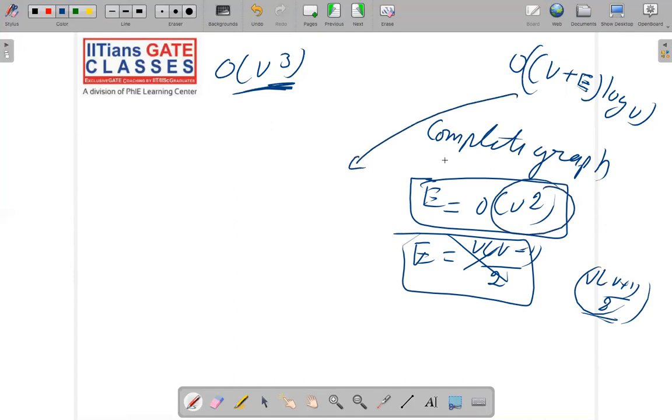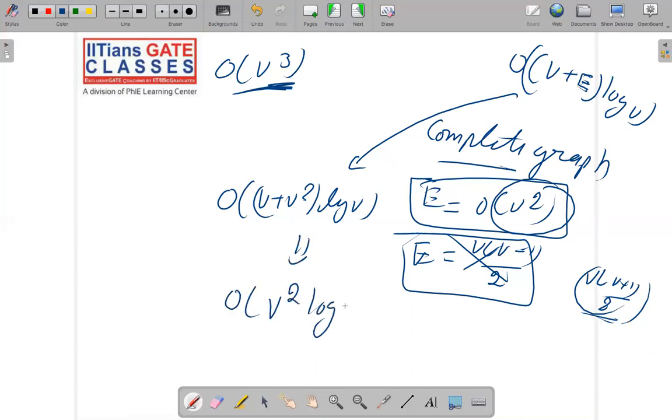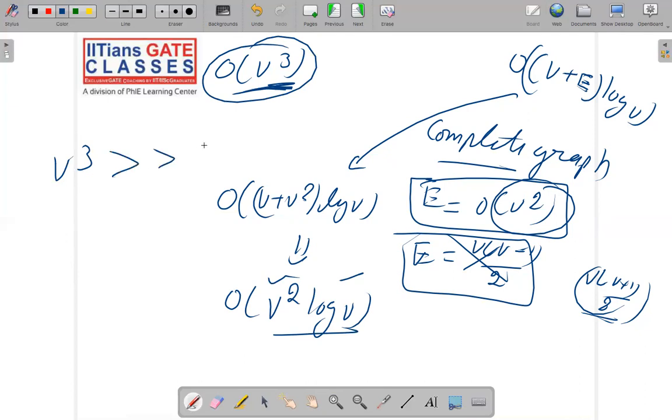So if this is a complete graph, in that case, it's order of V plus V square log V, and this can be considered as V square log V. So here it's V square log V, here it's V cube. So V cube is greater than V square log V.